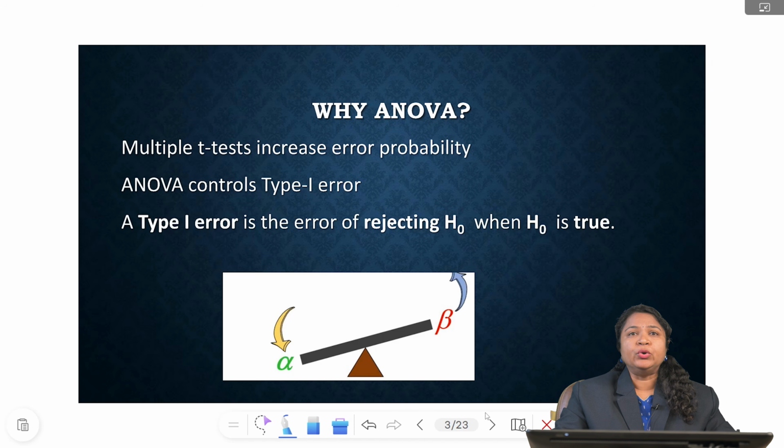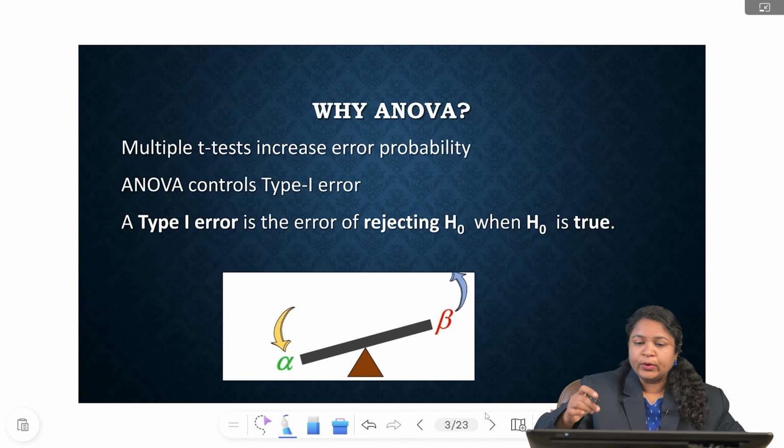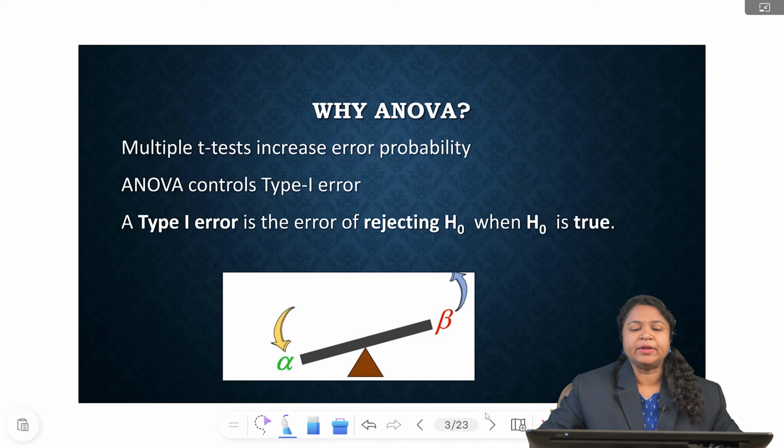When you have more than 2 samples, we go for ANOVA. For two samples, we can use the t-test or chi-square test, because the chance of error probability is higher with more samples. You can see from the diagram there is a problem with this type 1 error, alpha. Alpha is the level of significance.